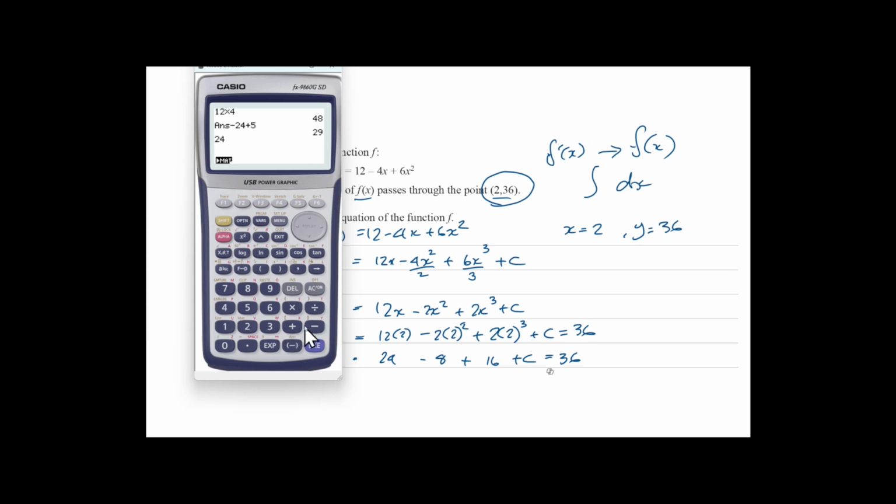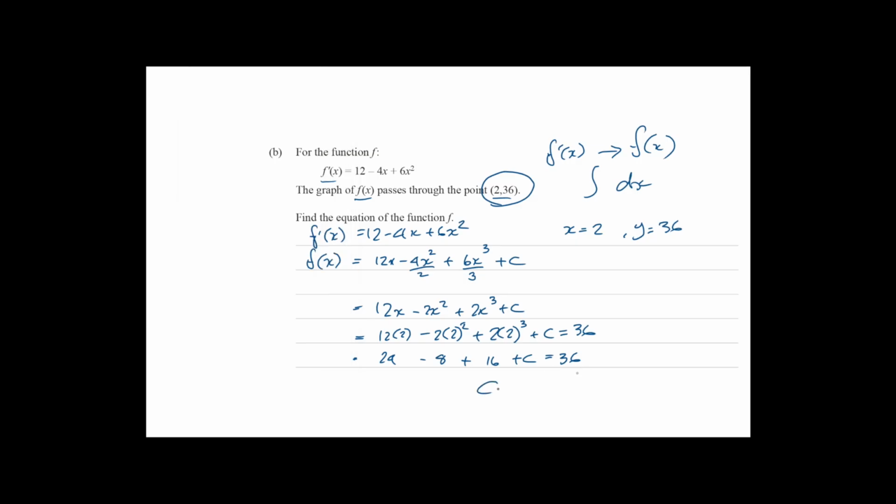So 24 minus 8 plus 16 is 32. 32 plus c equals 36. So therefore c must equal 4. So our full equation, f of x, is going to be 12x minus 2x squared plus 2x cubed plus 4. And there's our final answer.